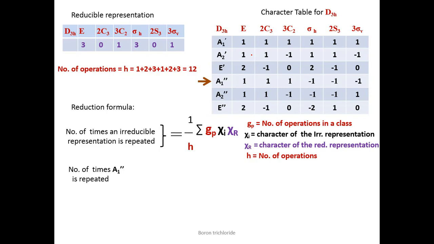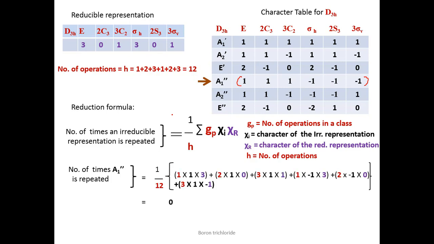Now you look at the A1 double dash characters alone. Leave the other characters. GP will remain same, 1 2 3 1 2 3. Chi R will remain same, 3 0 1 3 0 1. Only the chi I will change. H will remain same. And if you calculate the number of times A1 double dash is repeated, it comes out to be 0. That means it is not repeated at all.